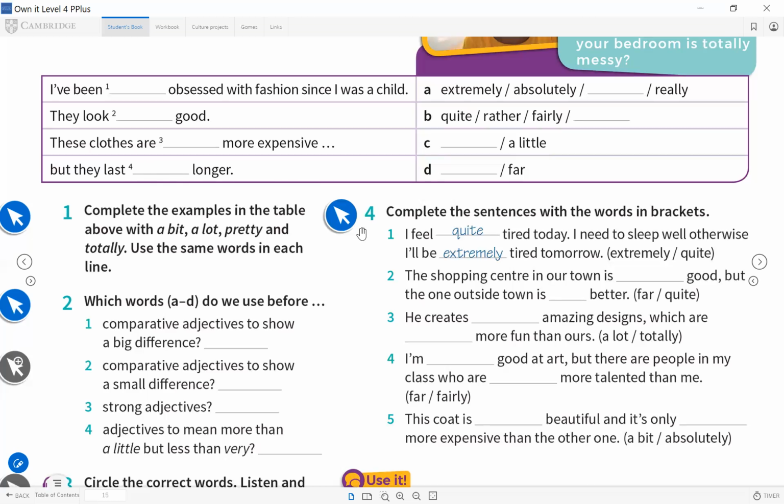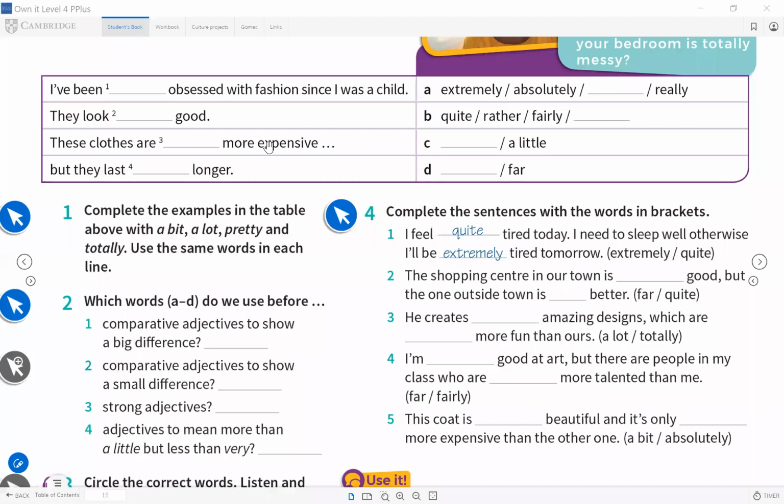And for the second item, we use these modifiers right before comparative adjectives again, this time to show that there is a small difference. Okay, if there is a small difference, then this time we'll be using modifiers which tell us that there's a small difference, which is a bit or a little.